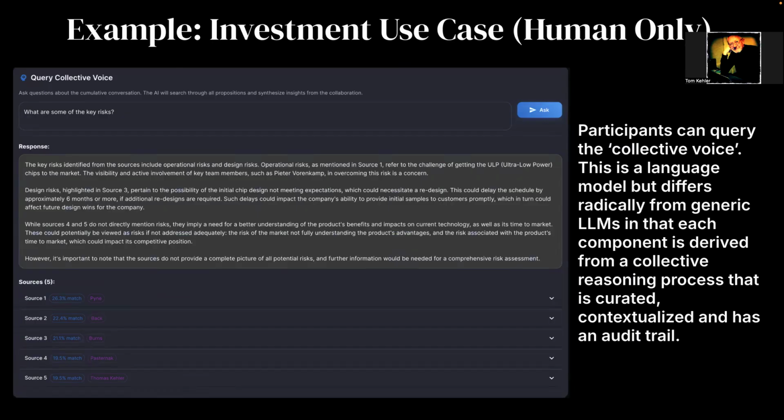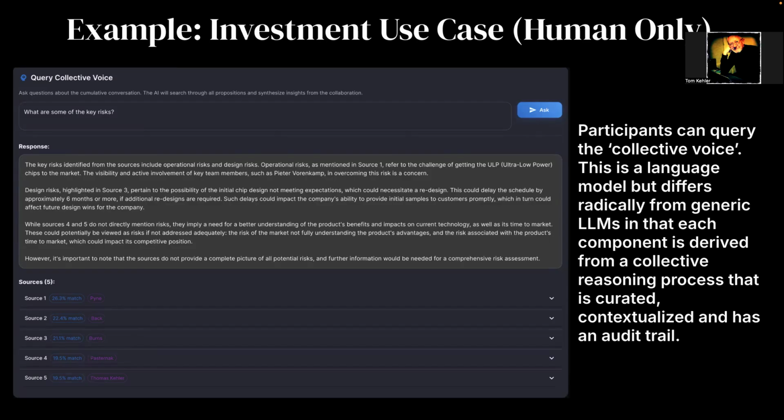So there'll be a probability distribution of relevance, as peer reviewed by the group, to the outcome. So this is contextualized. It also has a collective view on it. That's why we call it the collective voice.